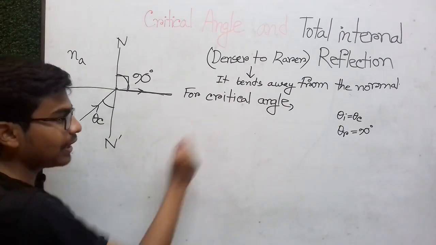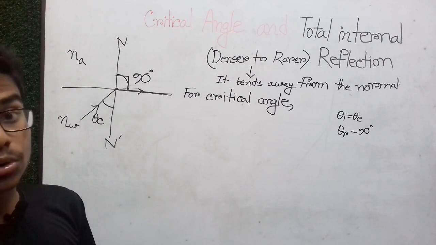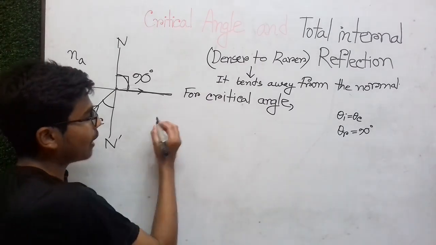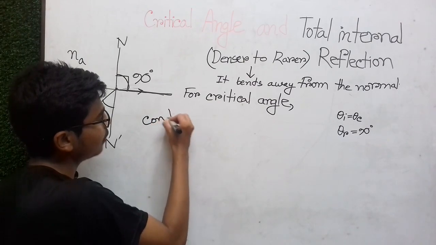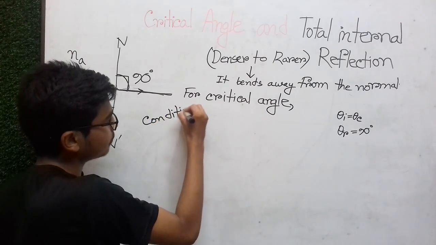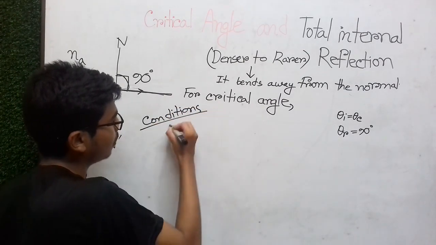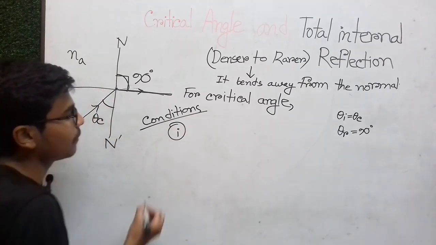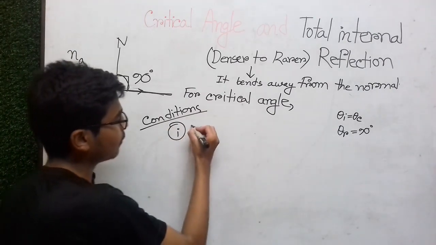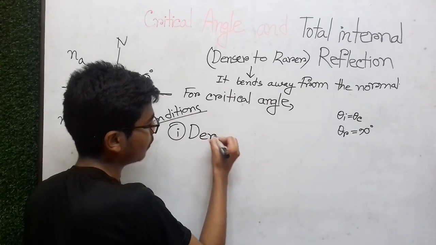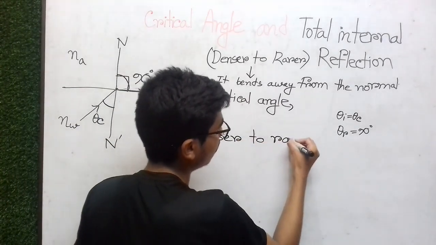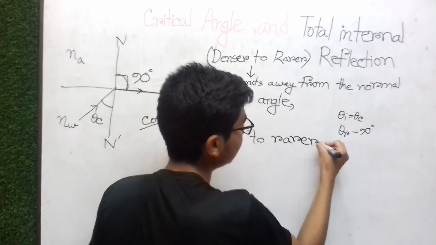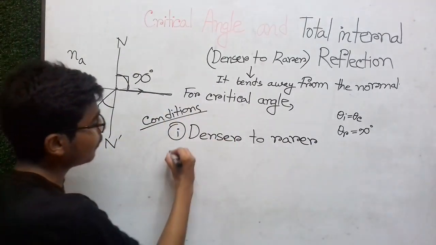So for the critical angle we get two conditions. I'm writing the two conditions for critical angle. What is the number one condition? The light moves from denser to rarer.